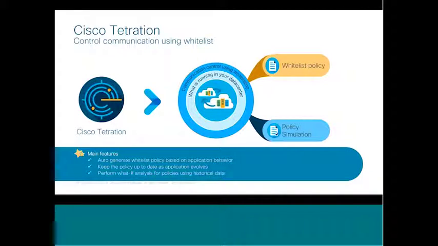But even before they enforce it, they can test the policy. When they perform that what-if analysis, they can use historical data. They can select 2 weeks of data, 2 months of data, depending on how long they have had the platform running. They can select the data and run the simulation. And they can feel confident that when I enforce this policy, I will not be breaking my application.